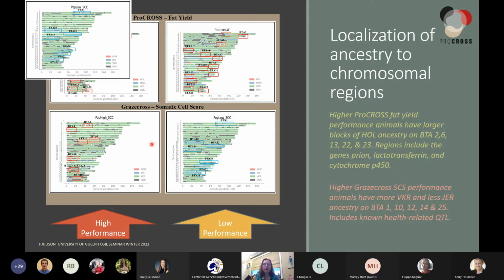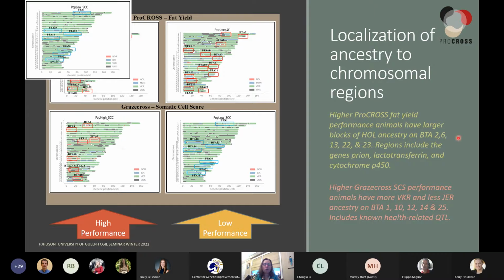Now we want to pinpoint that on a chromosome level. Even in the high performing animals that only have 20% Holstein, is that Holstein ancestry over really important genes? This is where results are leading us.